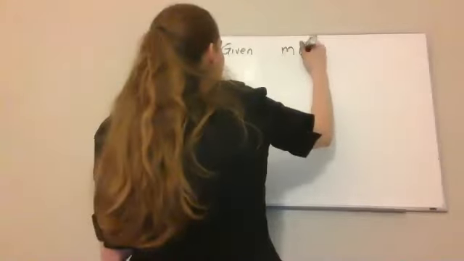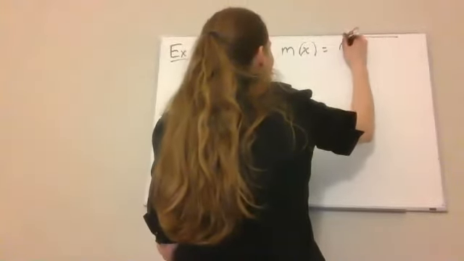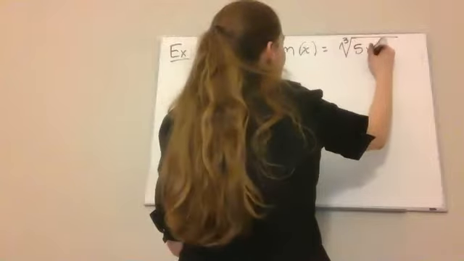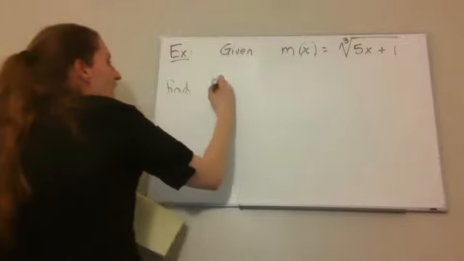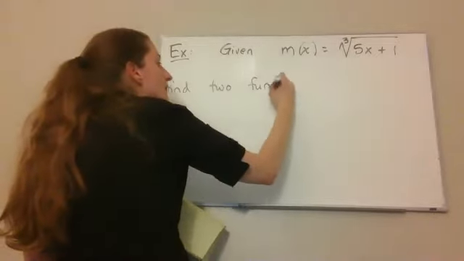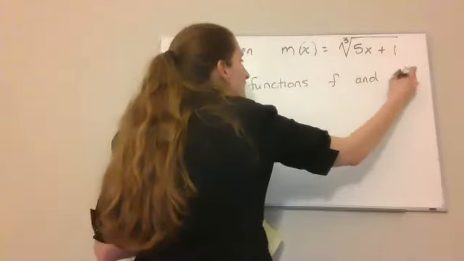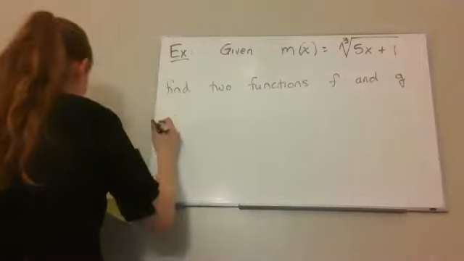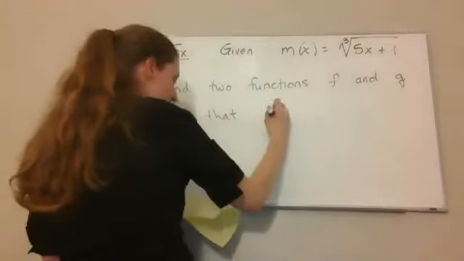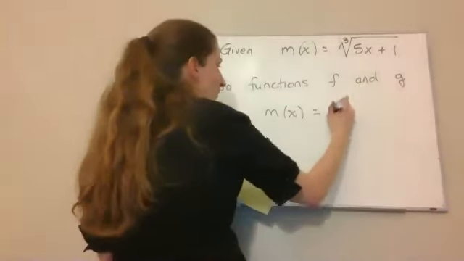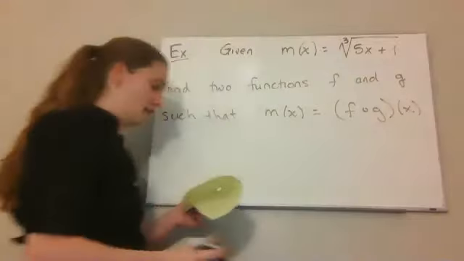Given the function m of x, which is the cube root of 5x plus 1, find two functions, f and g, such that m is equal to f of g of x.